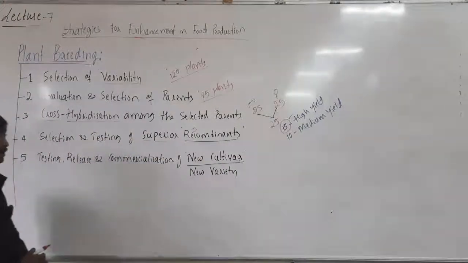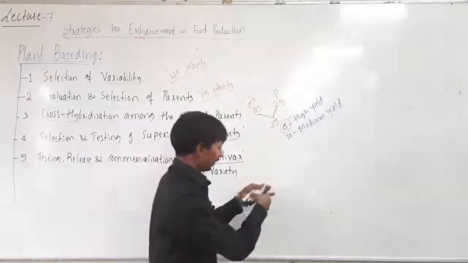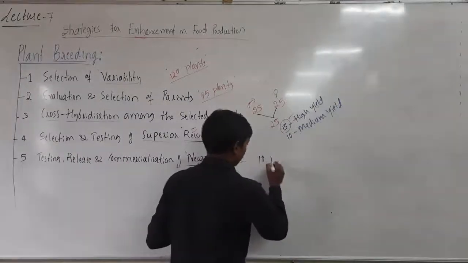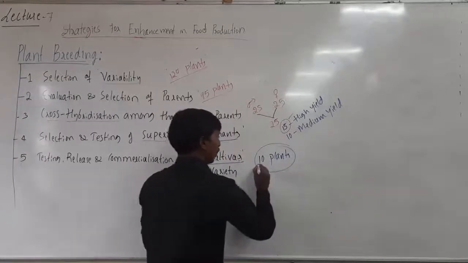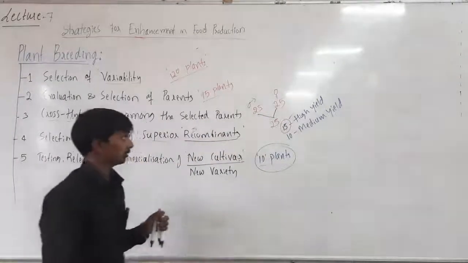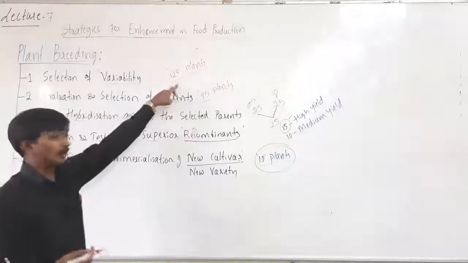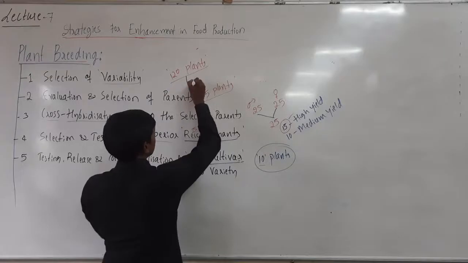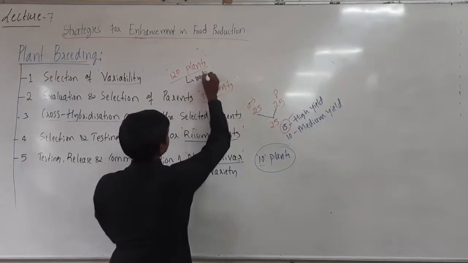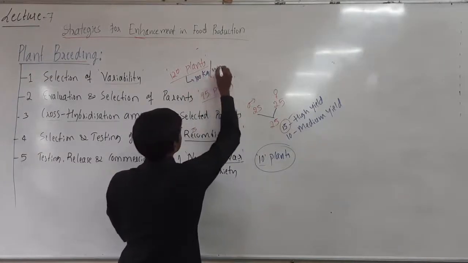Means when among the 15 they found that about 10 plants are giving more yield, heavy yield. So they selected 120 plants, they were giving a yield of about 100 kg per year.